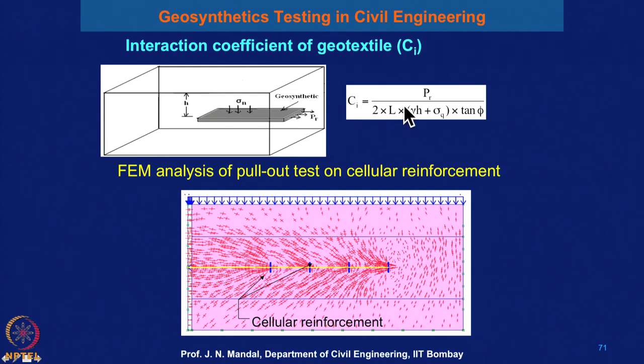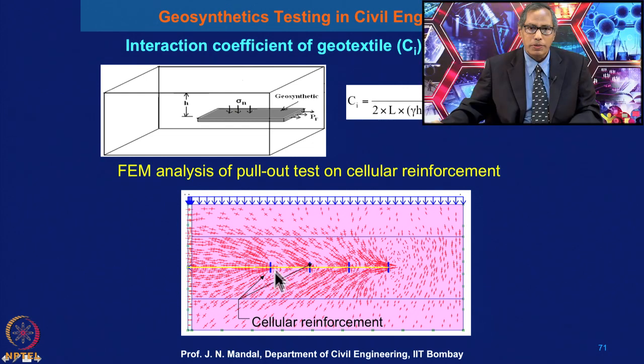So, you know the length of the geogrid material, you know where it is located. If there is a surcharge, you can add it, and you know the phi value. This we have also done with cellular reinforcement, where the pull-out test has been performed, and you can see that this is cellular reinforcement.